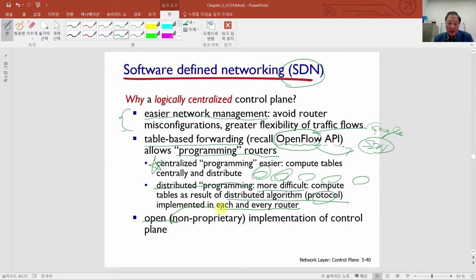And open means standardized worldwide, and that is not proprietary. In the public domain, any company or anybody can use this one because that is a worldwide standard. This term open means worldwide standardized, not proprietary of a certain company.